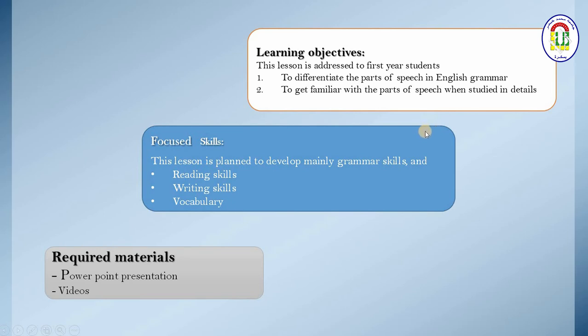Also, to get them familiar with parts of speech when studied in details. When studied in details, they will see the different characteristics and the different types of the parts of speech, and they get familiar with them when studied in context.